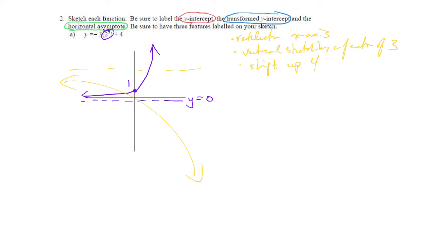Then what we would have to do is label those 3 properties. You can absolutely do that method, but what I'm going to suggest to you is, how about we go through and find those three properties first, and then we use those three properties to help us with our sketch.